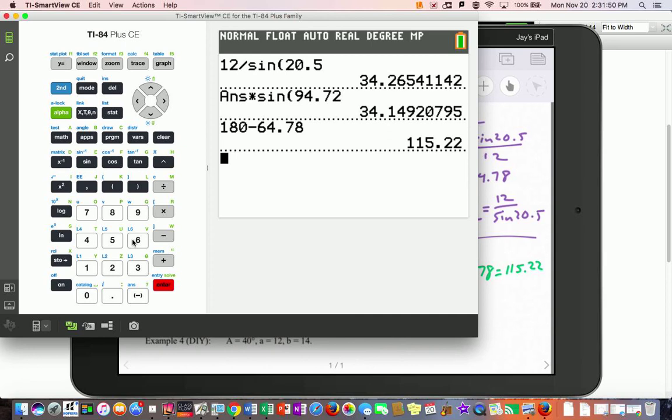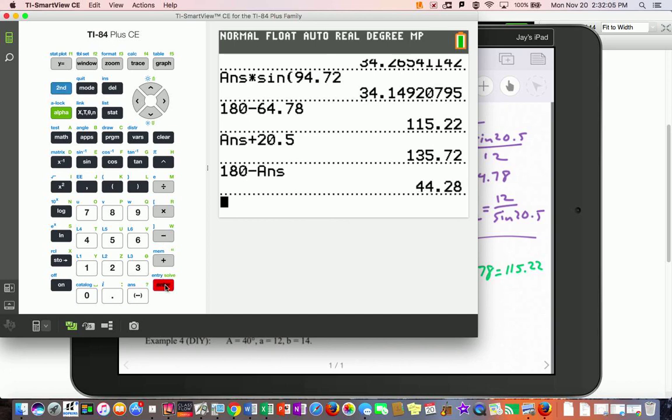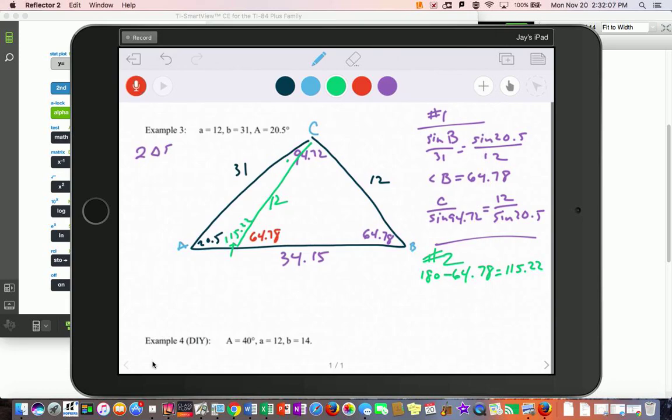So if I add to that 20.5, my two angles sum up to that, and I can do 180 minus my answer there, and I get 44.28.